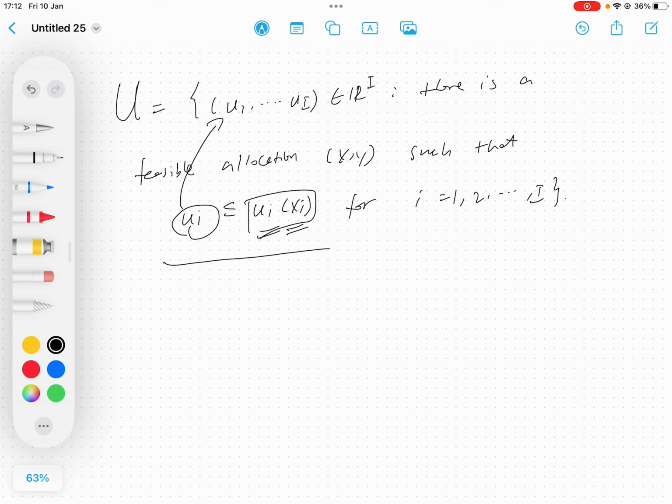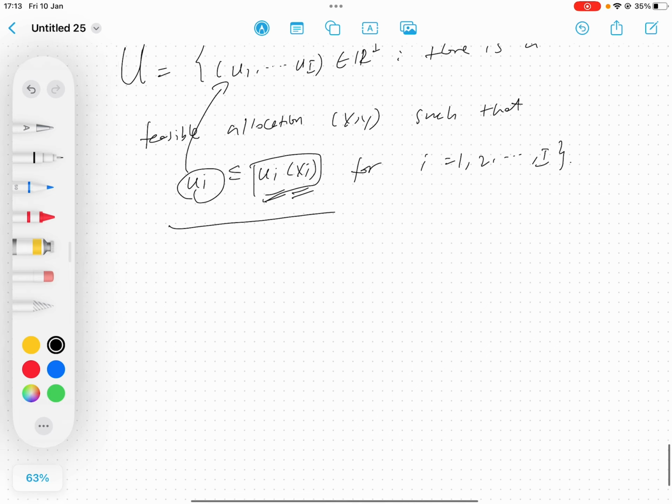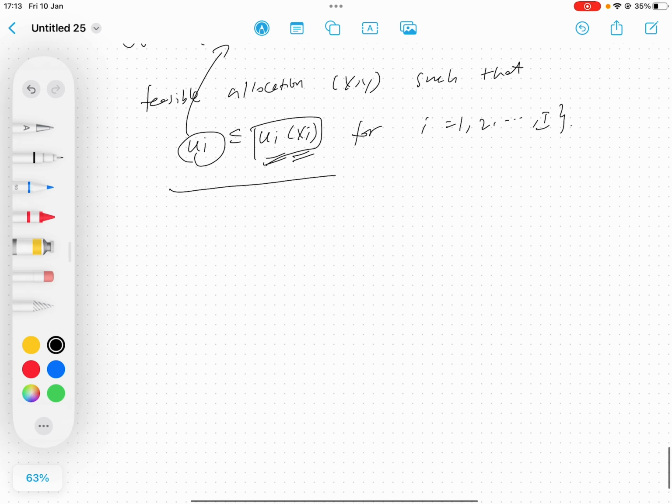Okay, and then with this, we're going to define another set called the Pareto frontier. Okay. Definition for Pareto frontier. And that's called U^P.